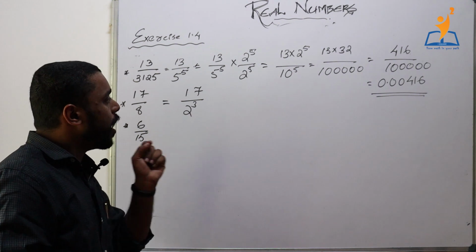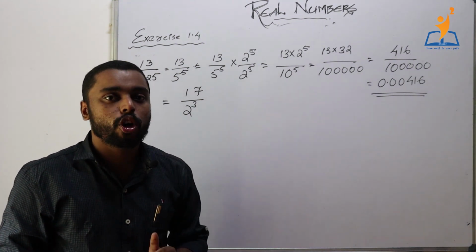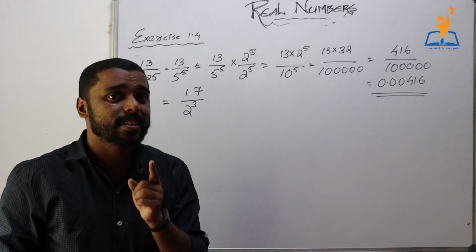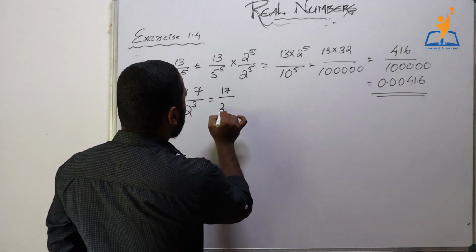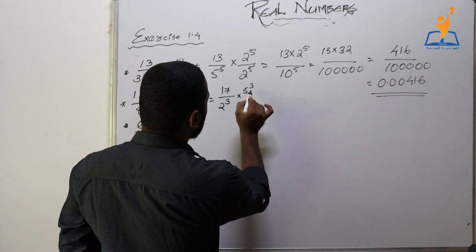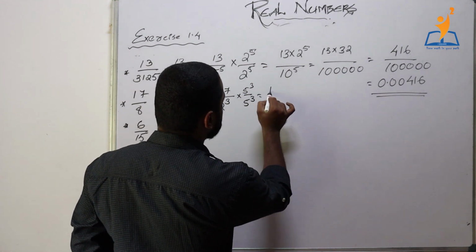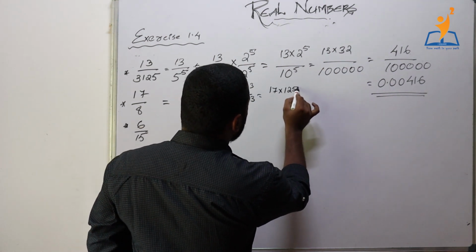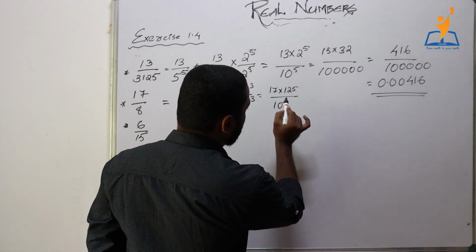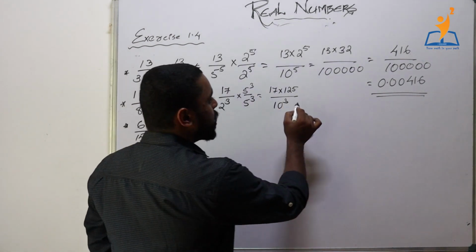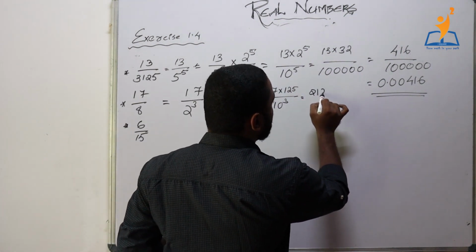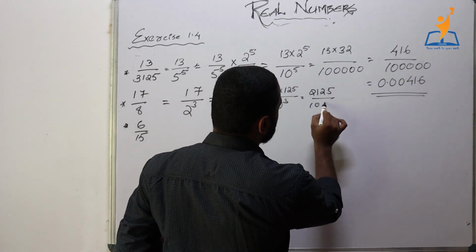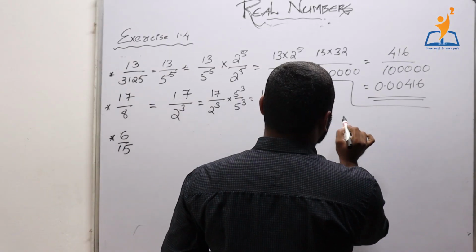Now we multiply the numerator and the denominator by 5 cube. So we have 17 by 2 cube into 5 cube, which is 17 into 125 divided by 10 cube. 17 into 125 is nothing but 2125 divided by 1000.